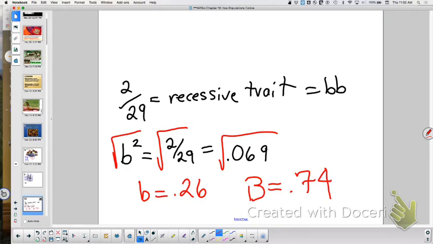The frequency of the big B allele is 0.74. The frequency of the little b allele is 0.26. What can I predict now? Of the 27 of you that have the big B trait, how many of you are big B, big B, and how many of you are big B, little b?